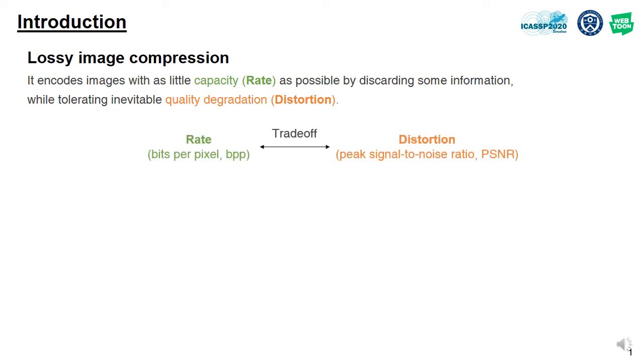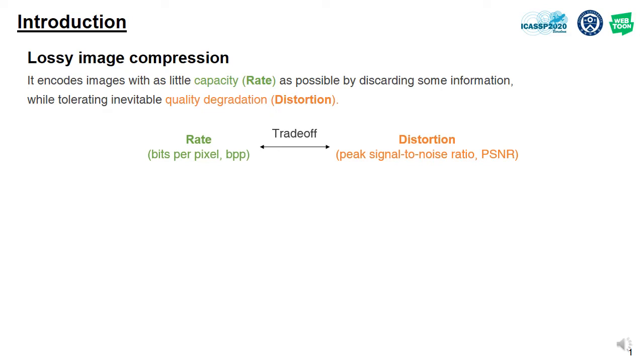The capacity and quality degradation are called rate and distortion respectively, and these two factors have trade-off relation. Generally, rate is measured by BPP and distortion is measured by PSNR.